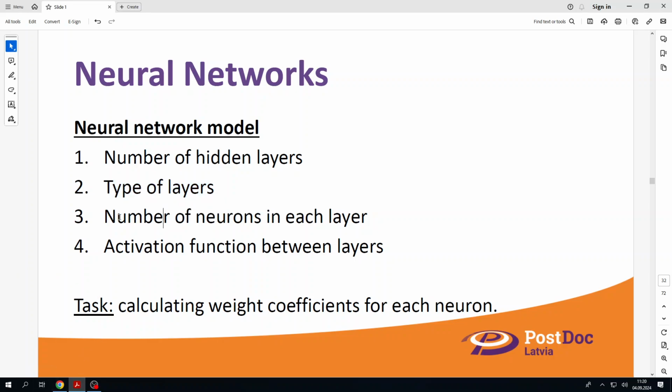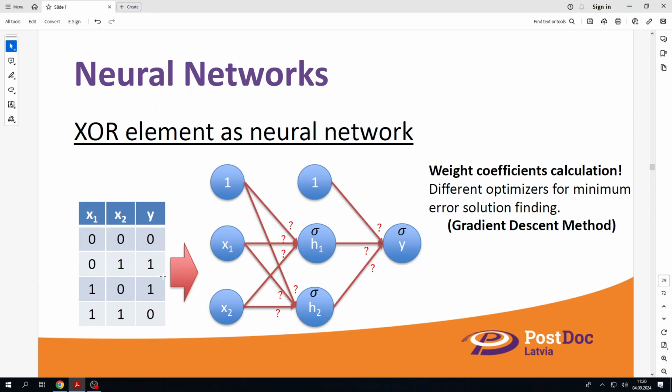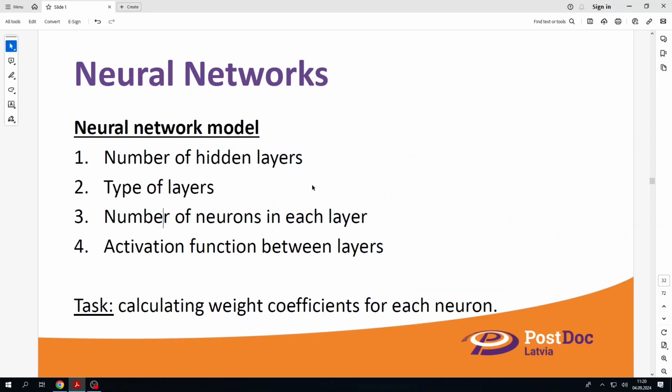Now, the number of neurons in each layer is how big this layer is. How many neurons do you have? So here we have one hidden layer between and 3 neurons in this hidden layer. That's it, yes, but we could add more. The question is, is it necessary? And what kind of activation function are you using at the end of each neuron? Well, normally, for this entire layer, we use the same activation function for each of the neurons.